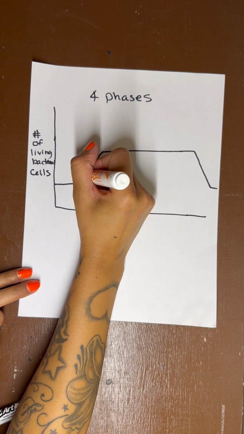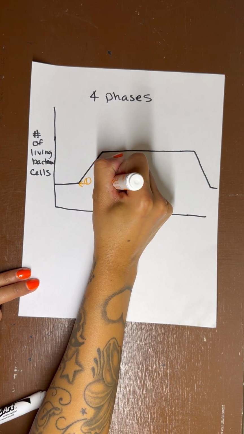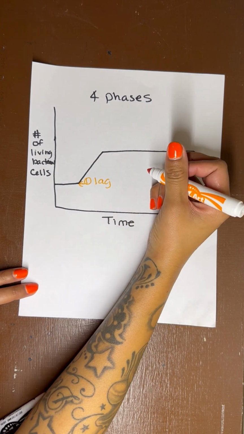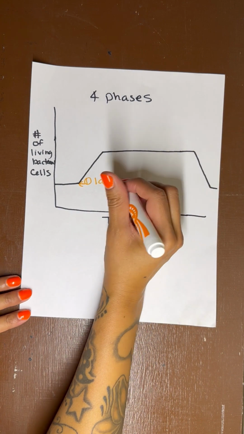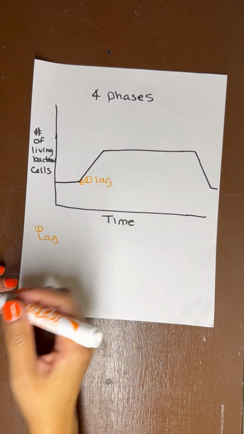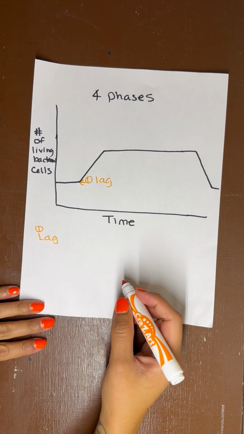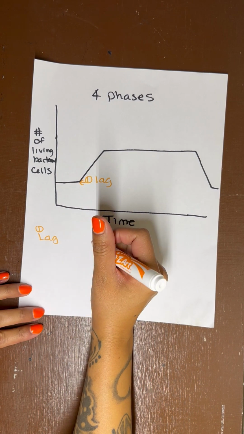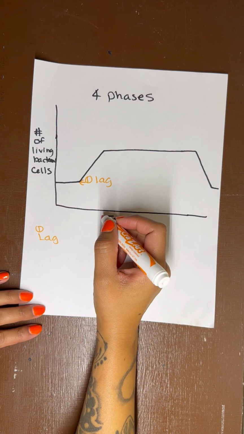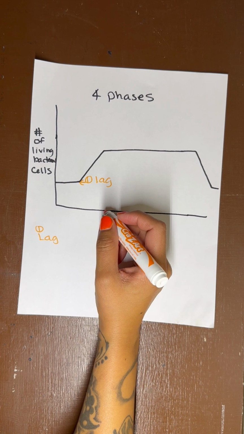The first phase would be right here. This is known as the lag phase. The lag phase is when bacteria begin to adapt and prepare for cell division and the synthesis of proteins.